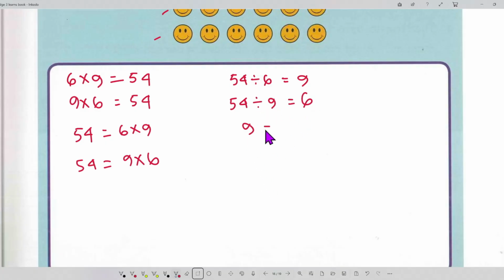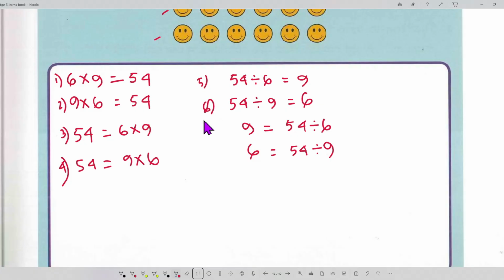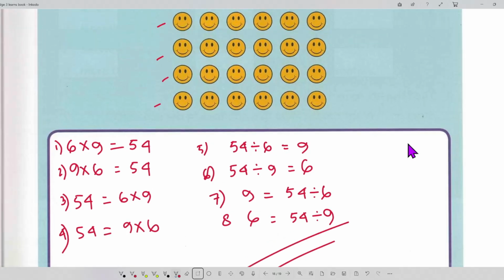Then 9 equals 54 divided by 6, then 6 equals 54 divided by 9. So we can make 8 facts.